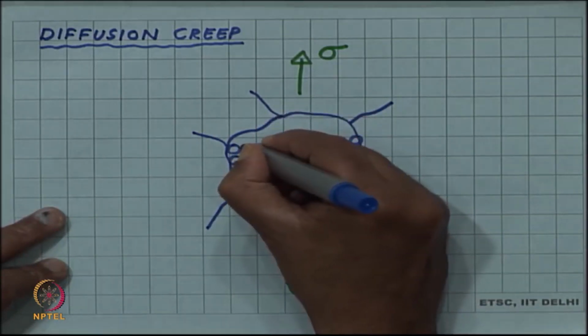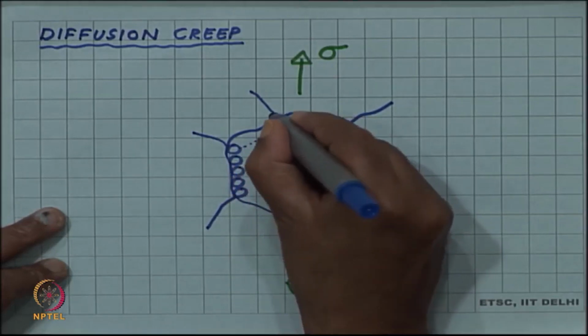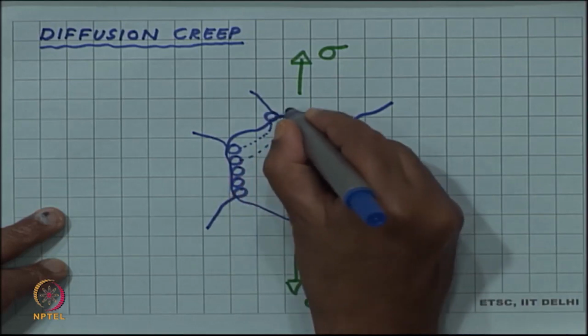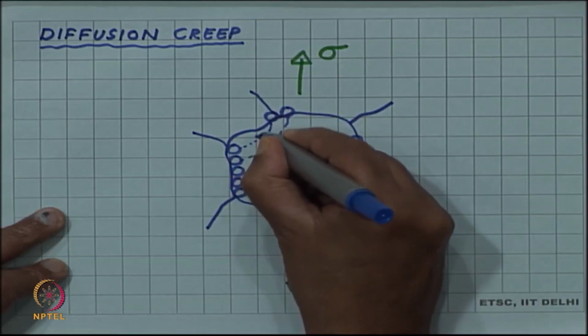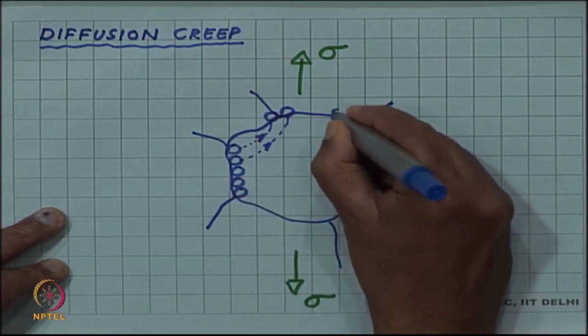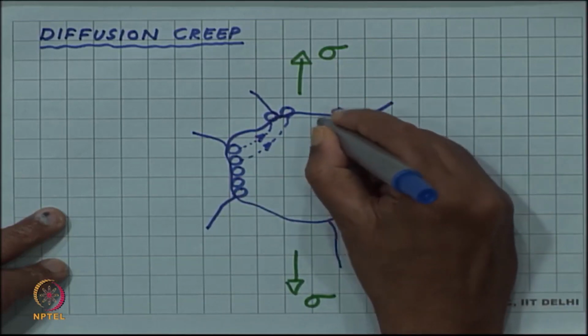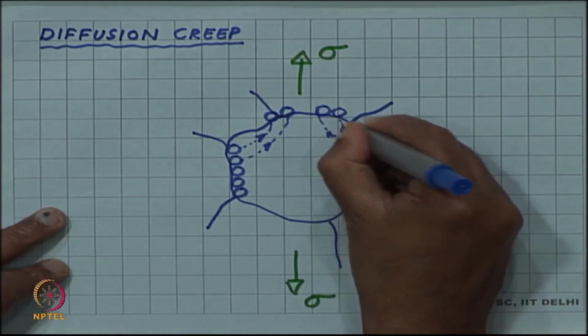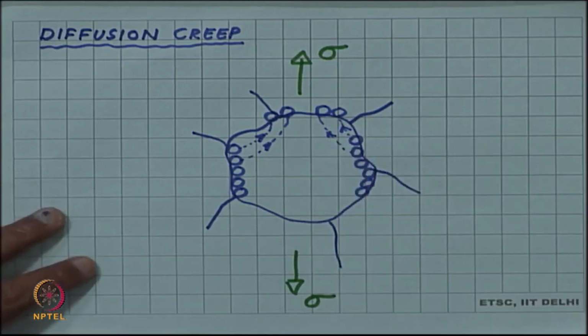So, if this atom moves from here and joins here, this atom moves and joins here. Similarly, this atom moves and joins here. So, let us say atoms migrate this way.